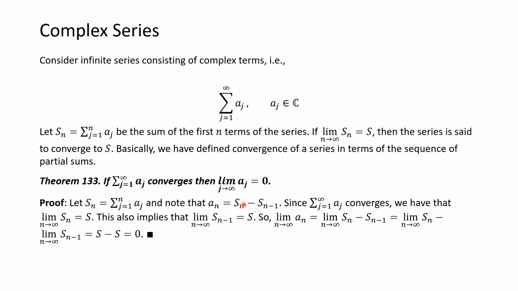And then we just take the limit of a sub n as n goes to infinity, which is the limit of the difference of these two terms. Then you break that into two separate limits, but as we just said, each one of these has a limit of S, and so the value is 0, which is what we wanted to prove.